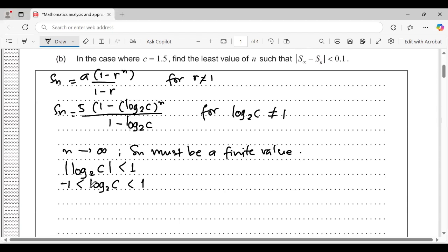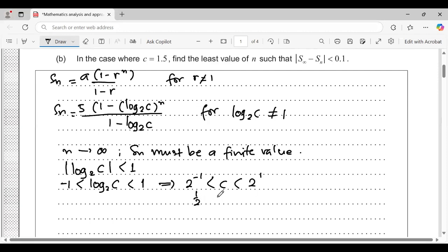If we convert from log into exponential form, it is going to be 2 to the power minus 1, and sorry, this is C actually. I would like to write it in C. Okay, C, and this is 2 to the power 1.